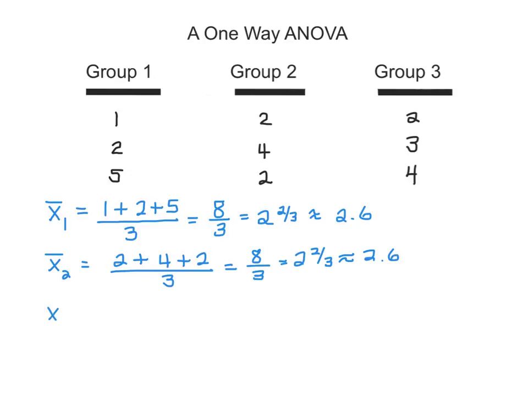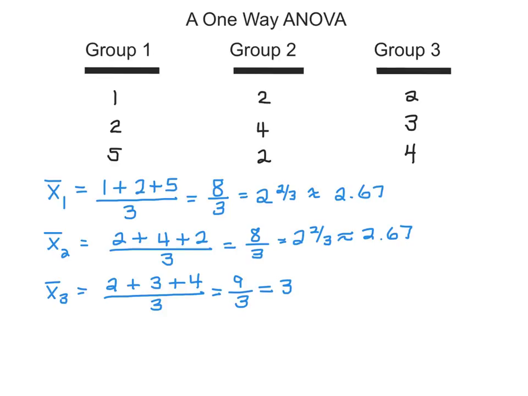And then the mean for our last group: we sum up our values 2, 3, and 4, which is 9, divided by 3. So our mean for group 3 is 3. And since 2/3 is actually 6 repeating, let's round these both to 2.67.